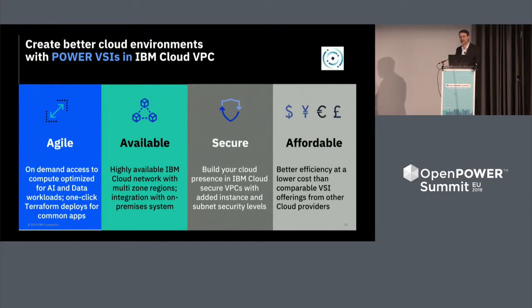So this is going to put it in reach of a lot more individuals and companies than the Power architecture has been in the past. And this is really going to make OpenPOWER architecture much more widely available as people get online and are able to provision these and start using them more for a lot of different applications.